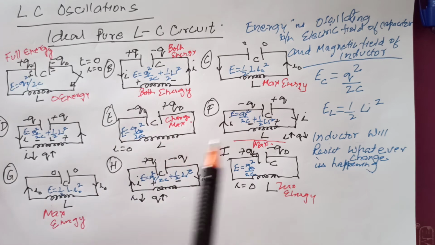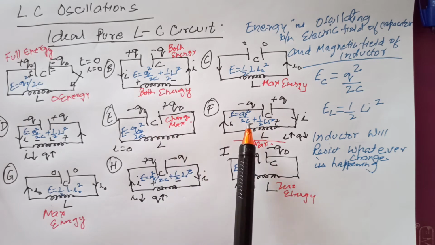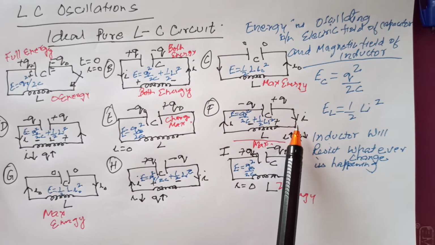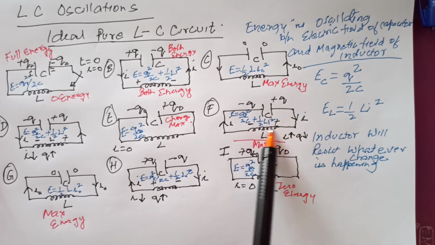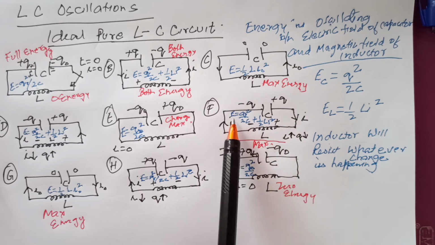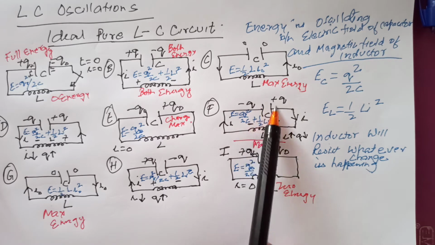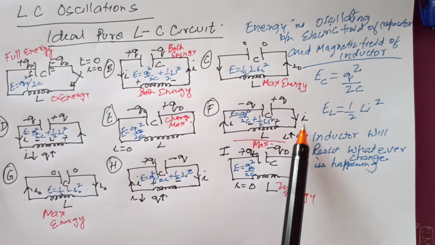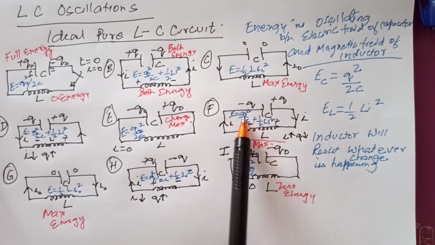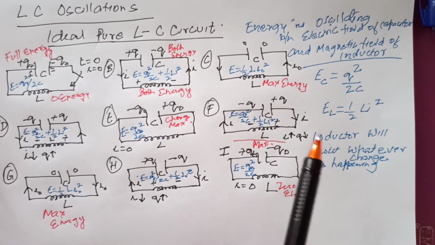Okay. After this, current starts flowing in the opposite direction, again through the inductor. So the total energy is the energy in the capacitor plus the energy in the inductor because of this current: Q²/2C + ½Li².